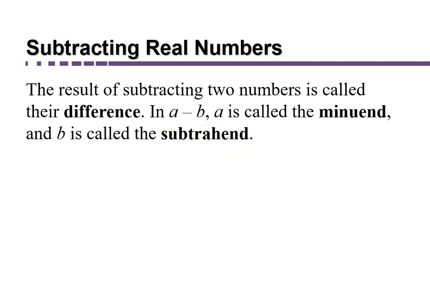So probably we won't use this much, but you may want to have it if this is a quiz question. And of course in subtraction, the result is the difference, where in addition the result is the sum. The first term, A, the minuend, the second term, B, the subtrahend.